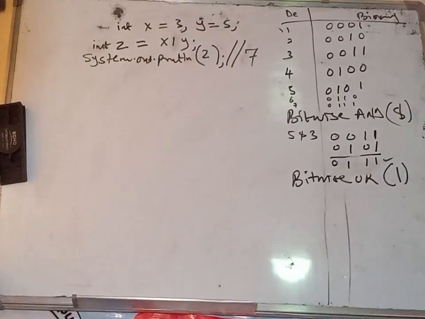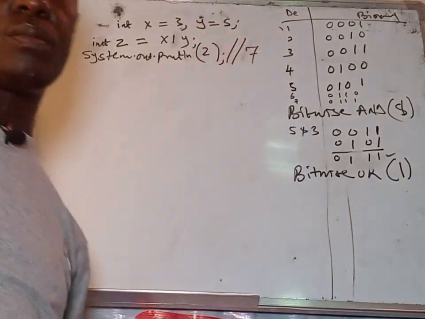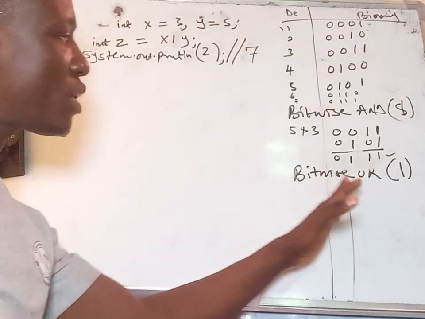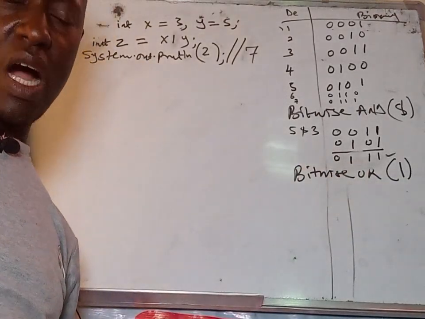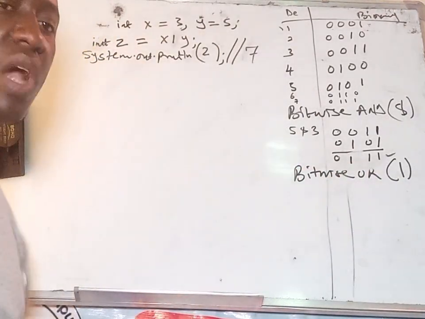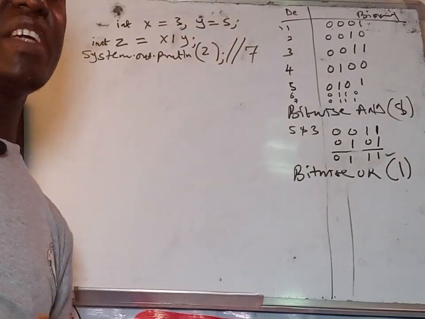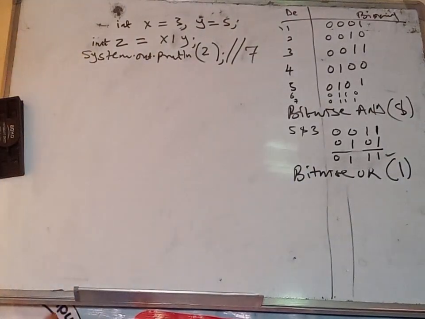Are we together? This is how we conduct bitwise OR.